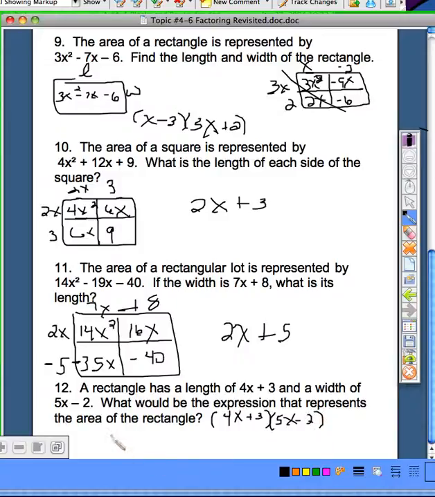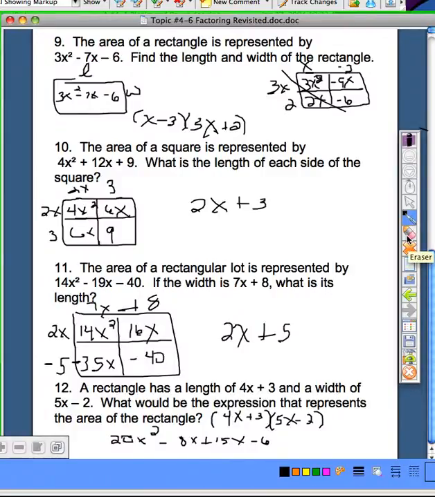And we multiply that, and we have 4x times 5x is 20x squared. Okay, 20x squared. And then 4x times negative 2 is minus 8x. And plus 15x. And minus 6. Okay. And then I can combine these two, 8x and 15x. 15 minus 8 is going to be 7x.